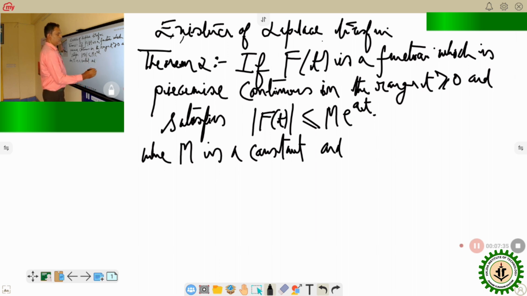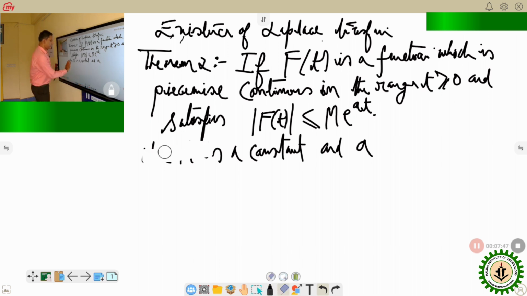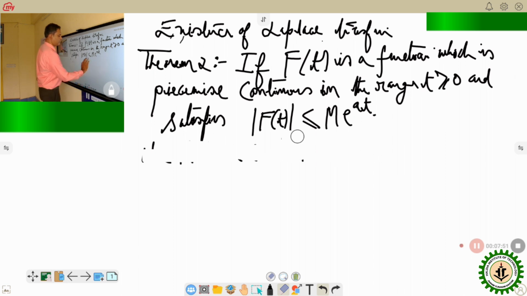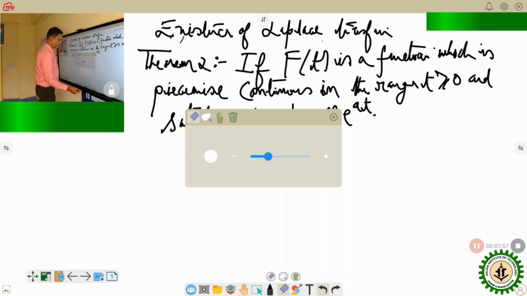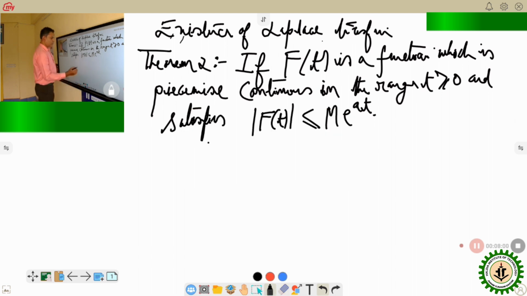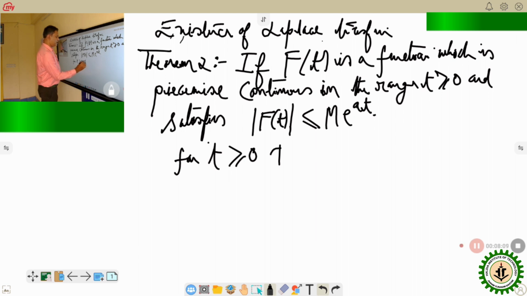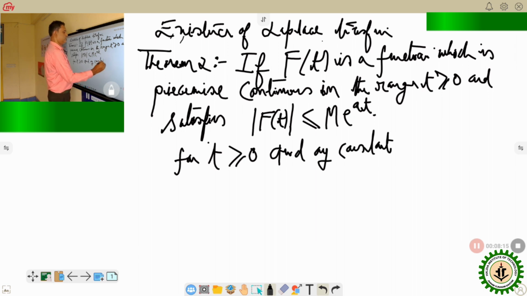and a, or we can say for t greater than or equal to 0 and any constants M and a.